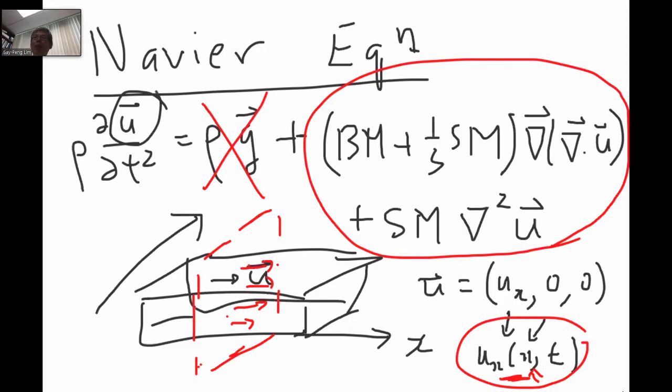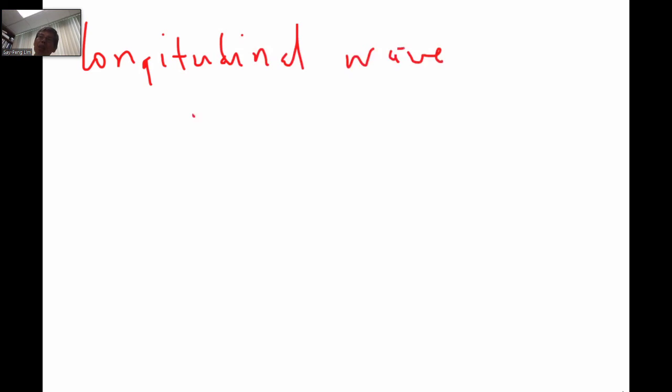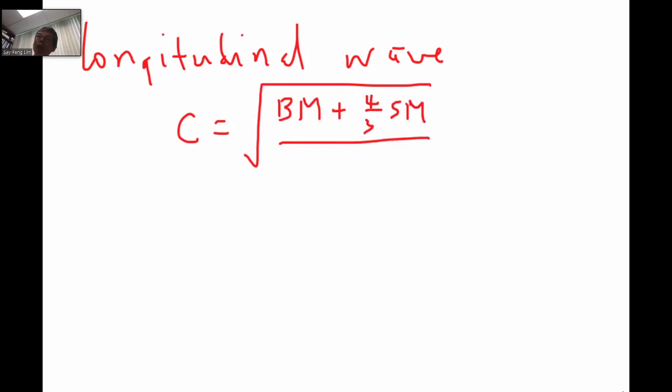And this gives you the speed of the longitudinal wave, in terms of the different moduli. It is equal to the square root of the bulk modulus plus 4/3 shear modulus, divided by rho.